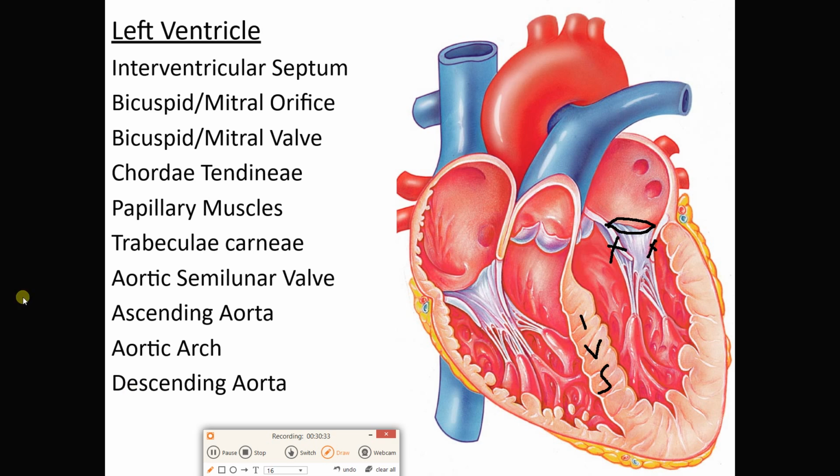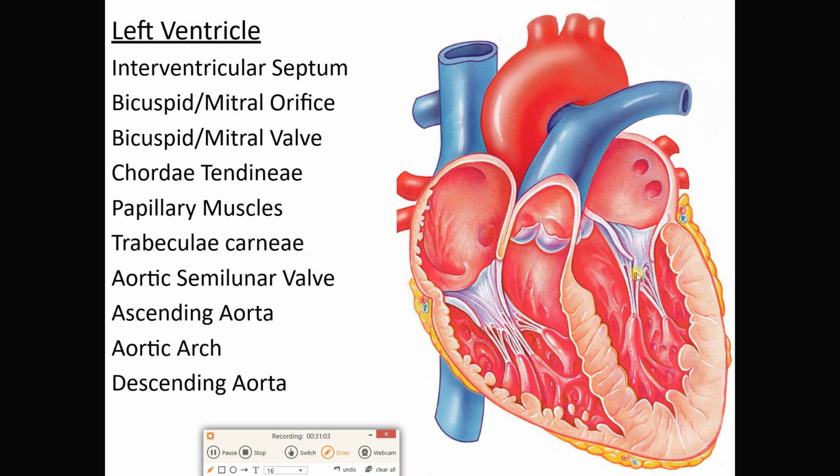It is also a hinge valve, so it needs the strings of collagen, which are called chordae tendineae, and it needs to anchor them on these bulging muscles, which are papillary muscles. We also have other little ridges of muscle as well. Any ridge without a chordae tendineae attached to it is one of those trabeculae carneae.